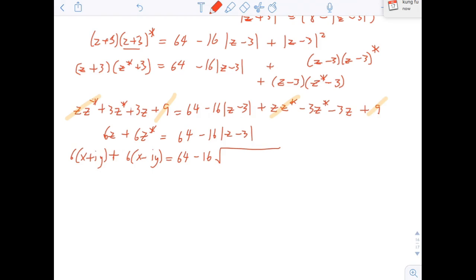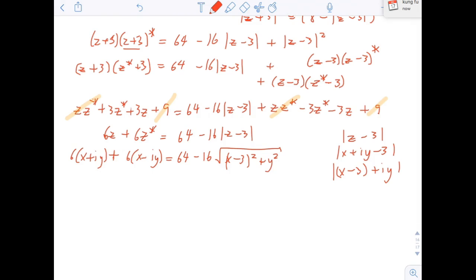And let's do this: z minus 3 modulus is equal to x plus iy minus 3 modulus, which is equal to x minus 3 plus iy modulus, which is equal to the square root of x minus 3 squared, it's Pythagorean theorem, plus y squared.